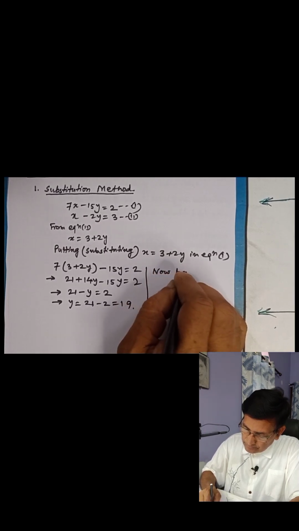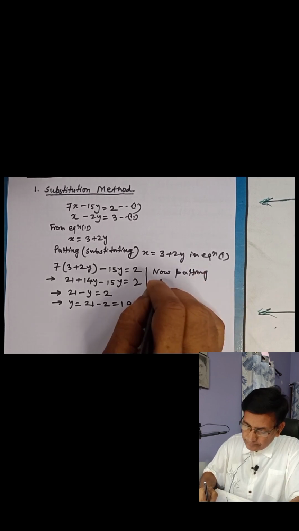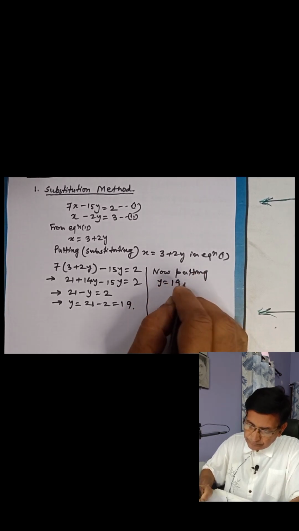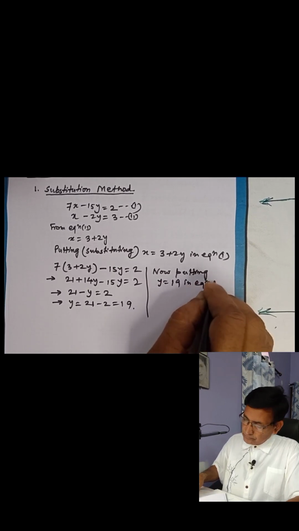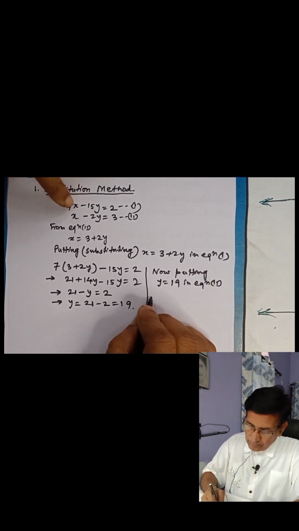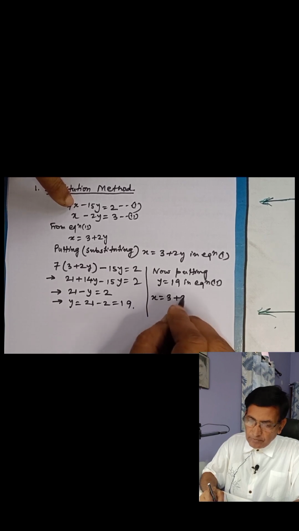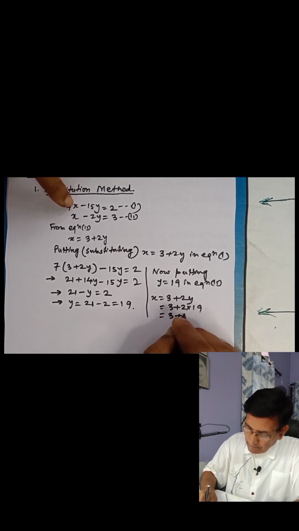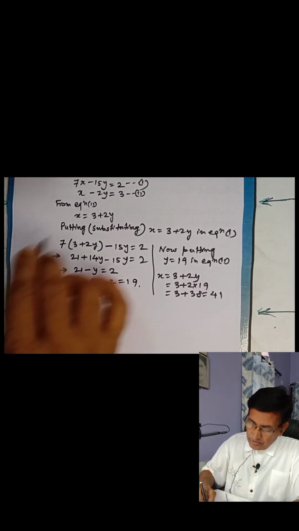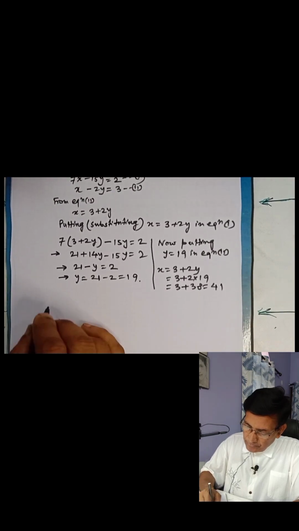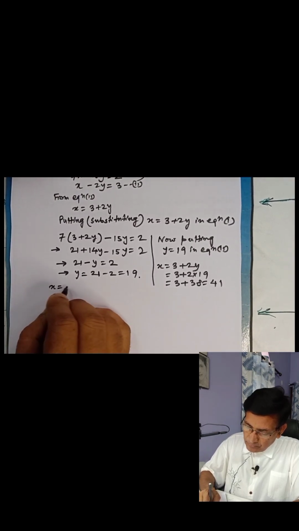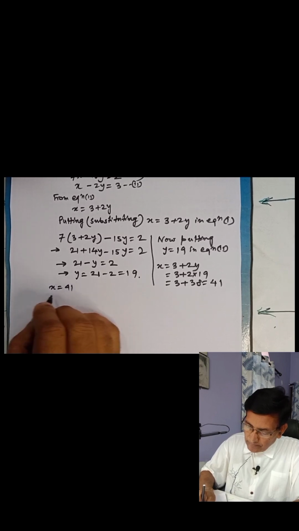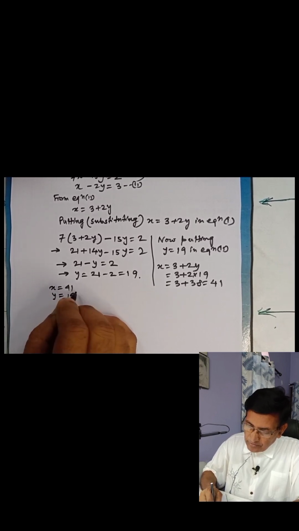Now putting y is equal to 19 in equation 2, we get x is equal to 3 plus 2y is equal to 3 plus 2 into 19 is equal to 3 plus 38 is equal to 41. So solving in the substitution method, we got x is equal to 41, y is equal to 19.